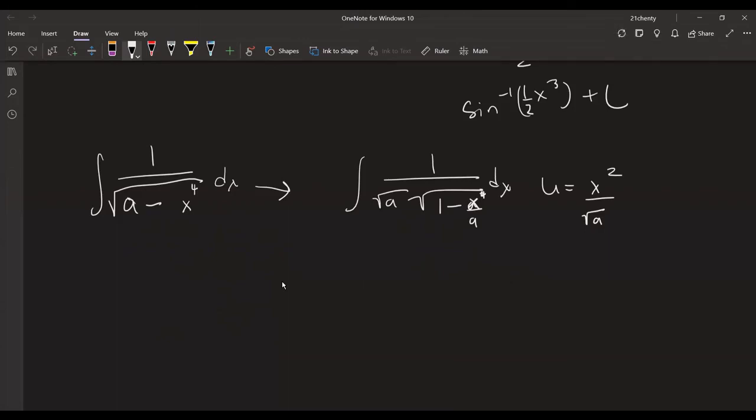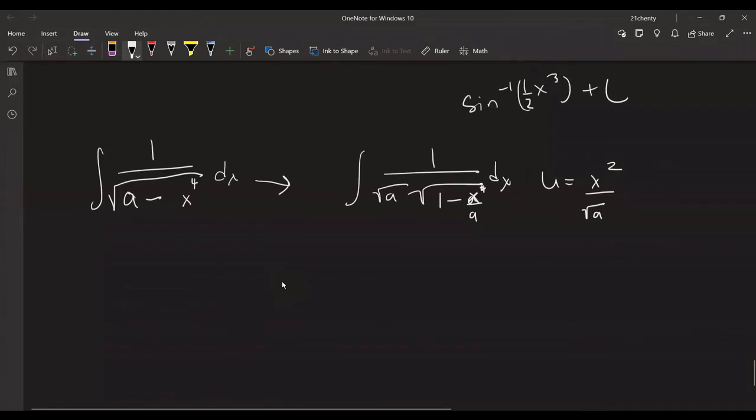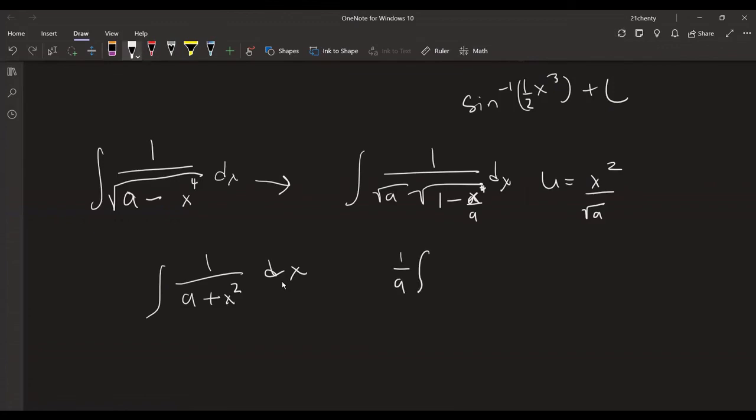And that's how you would solve something like this. And then the other thing is if you've got 1 over a plus x squared, you just factor out the a again. So 1 over a, that looks like a 9.